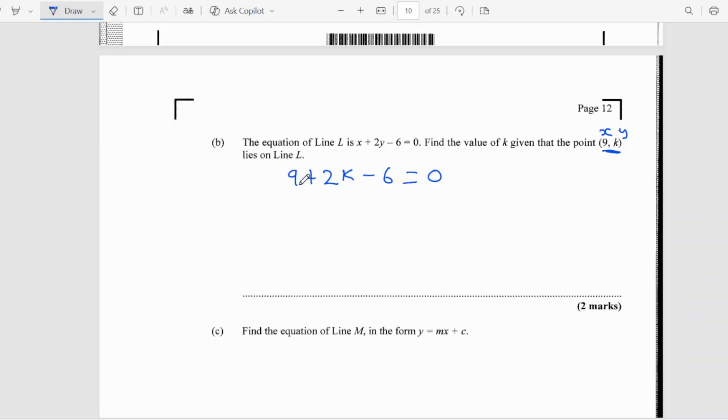This 9 take away 6 is 3. When you carry across 3, it becomes -3, right? 9 take away 6 on the side is 3, and carry across 3, it becomes -3. So k will be, we carry the 2 across now and divide. So k is equal to -3/2 or -1.5.